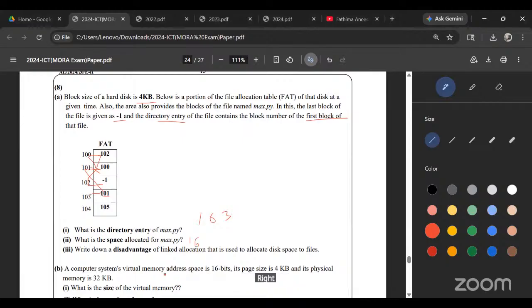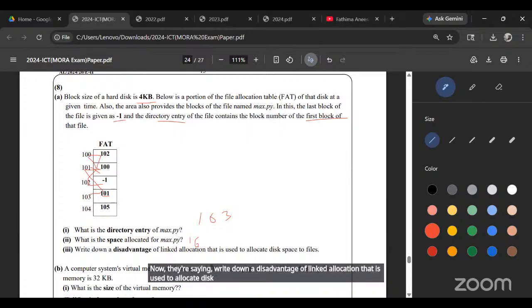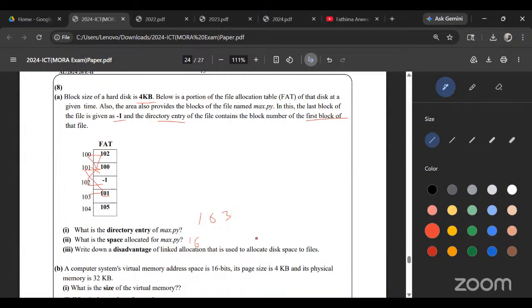16 KB. Now they are saying write down a disadvantage of linked allocation that is used to allocate disk space to files. Now, what is a disadvantage of linked allocation? There are many disadvantages, but they're asking here only one.